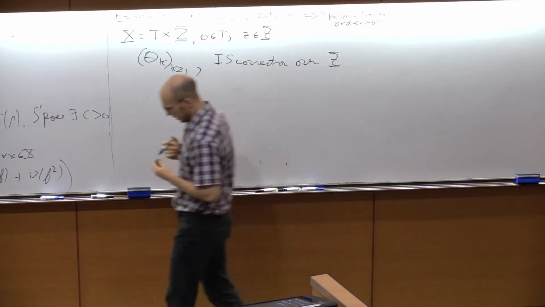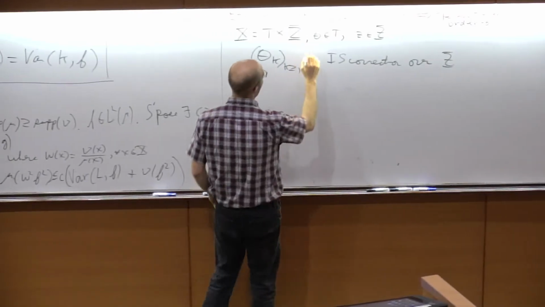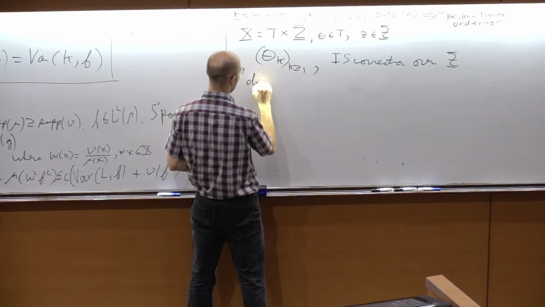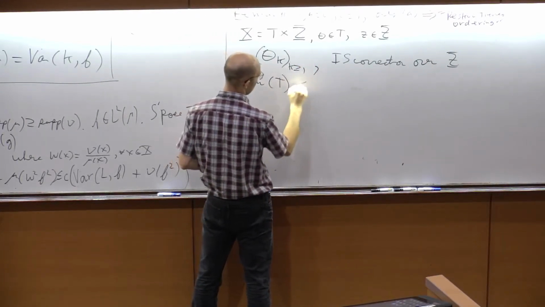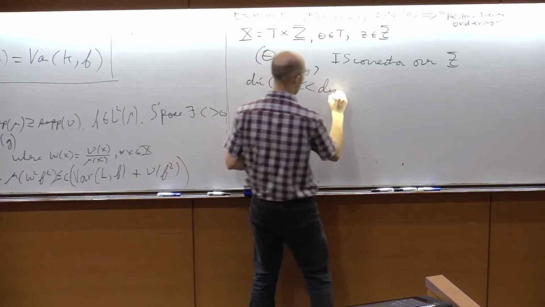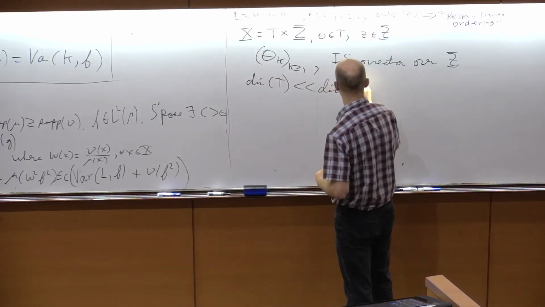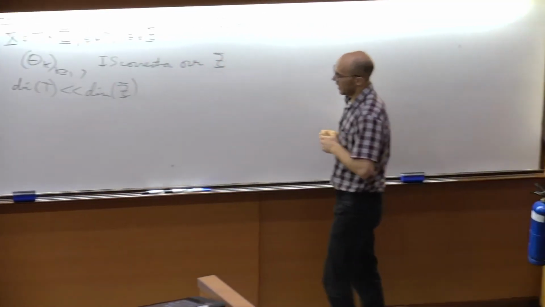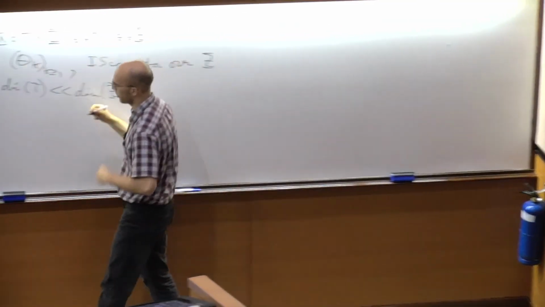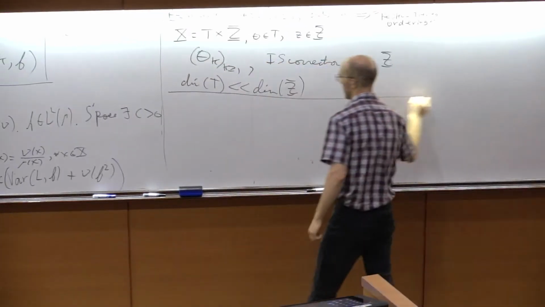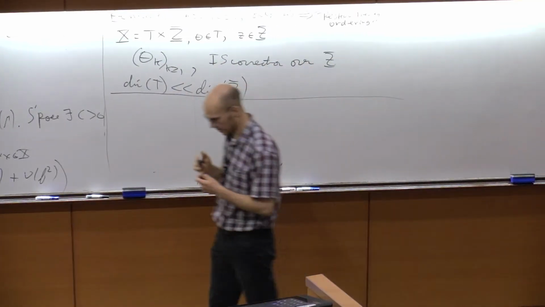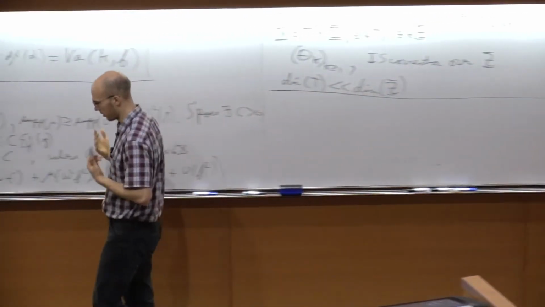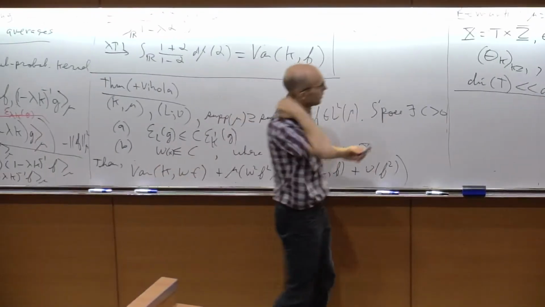Often the model parameter space is such that dim of theta is much less than dim of the latent variable space. And so we're actually most interested in comparing the chains in this setting.